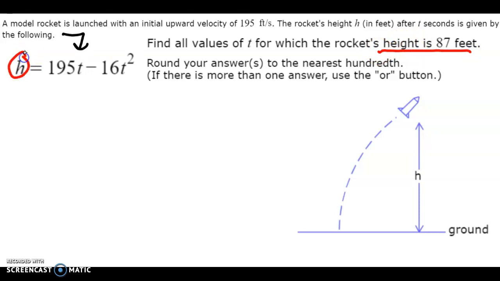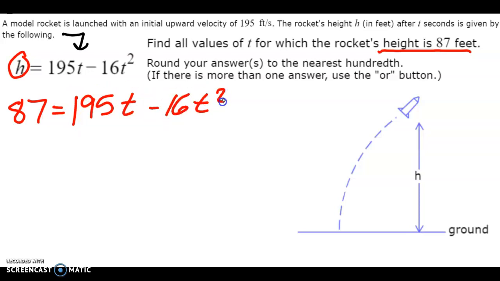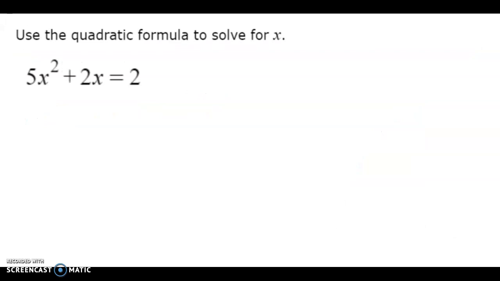You have to plug that in. So we need to plug 87 into that. We're wondering at what number of times, so that there's only one variable here. So what could t possibly be when h is equal to 87? We need to make that equation equal to 0.